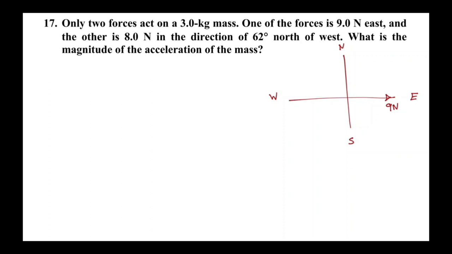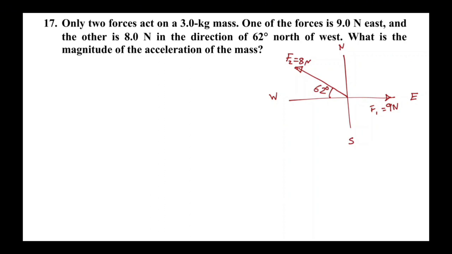You start in the west and go to the north by 62 degrees. This is the meaning of north of west, 62 degrees this way right here. This is F2, equal to 8 newtons, and this is F1.